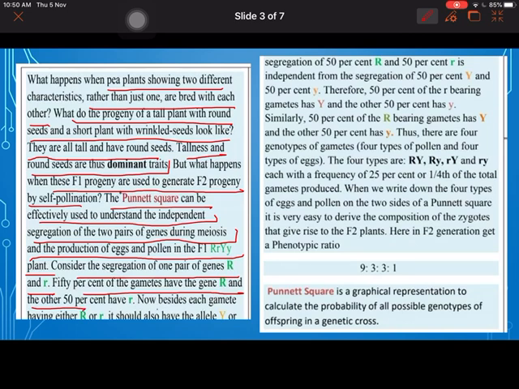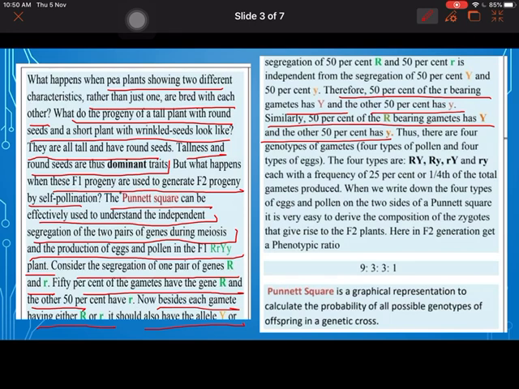Likewise, it will have either capital Y or small y. So 50% of the R-bearing gametes have Y and 50% have small y. Similarly, 50% of the r-bearing gametes have Y and 50% have small y. All this you will understand when you see the Punnett square.